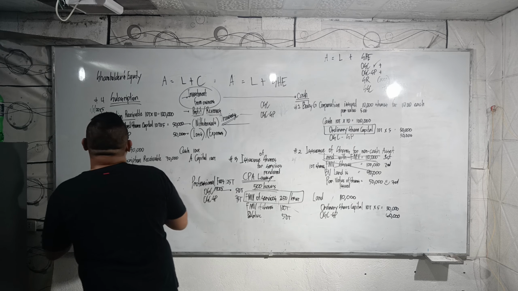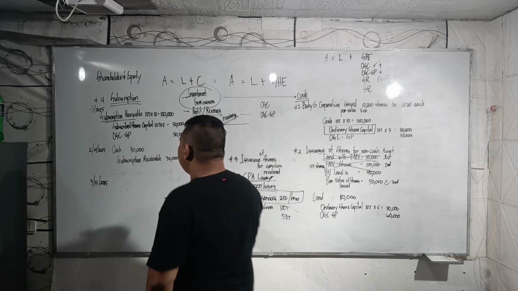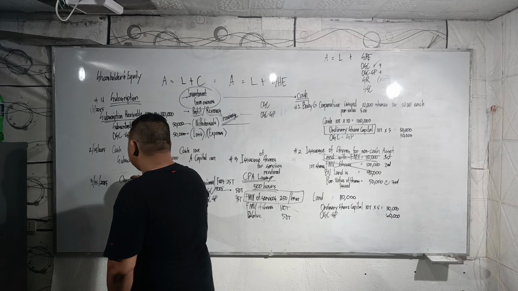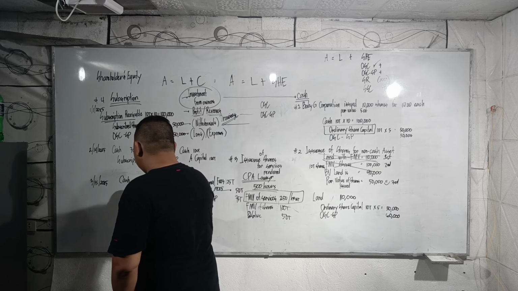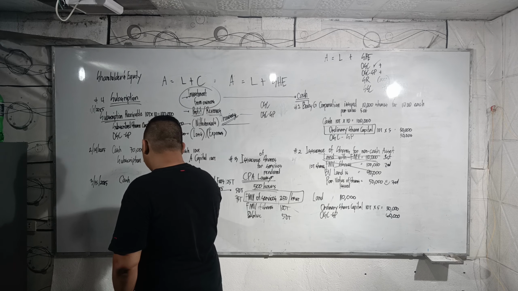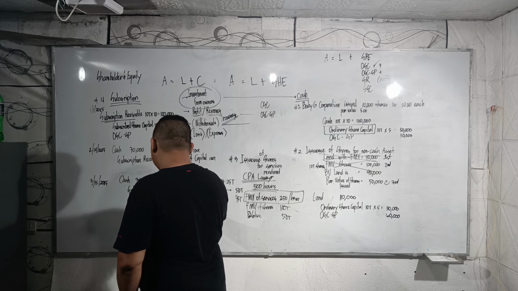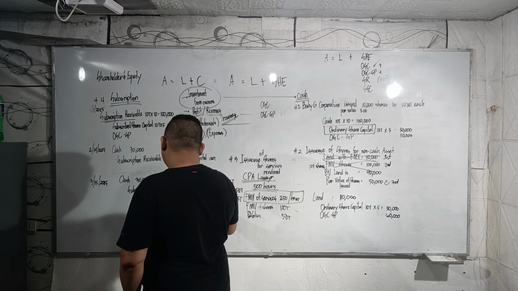3/15/20x5. Full payment has been received from Mr. A. So what will happen? Of course, debit cash 30,000 for the remainder, and credit subscription receivable 30,000.